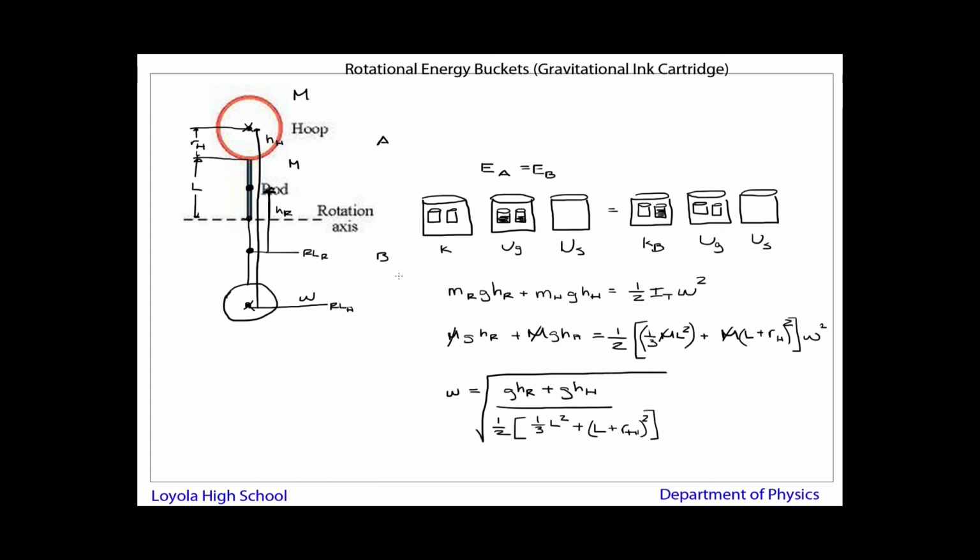So going back and reviewing, because we have a composite object, I looked at the centers of mass of each of the objects, the rod and the hoop, and saw how far they move to their respective reference lines. So I broke that up into the rod's height and the hoop's height, how far their centers of mass are from their reference lines.